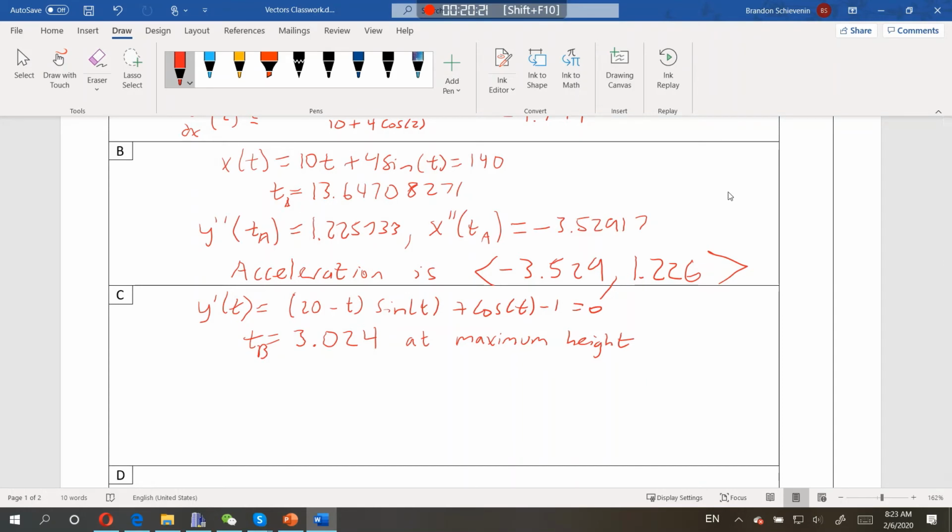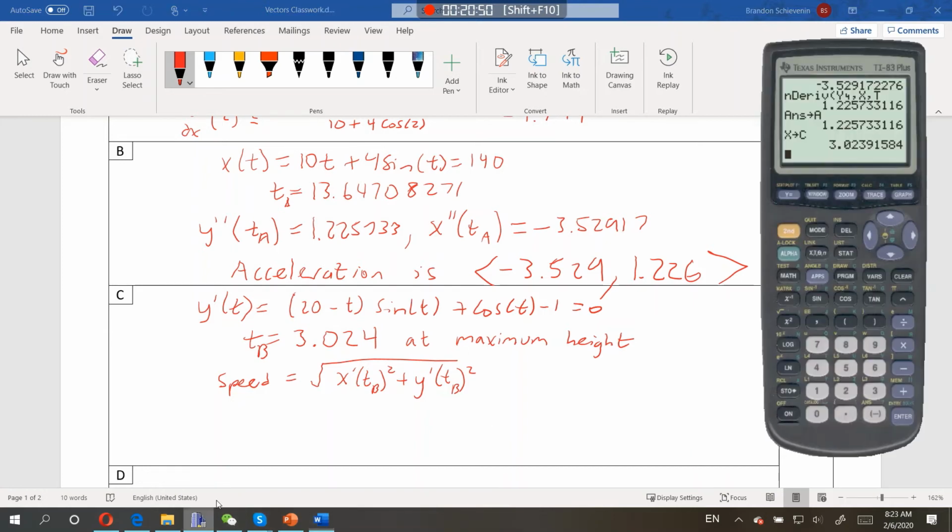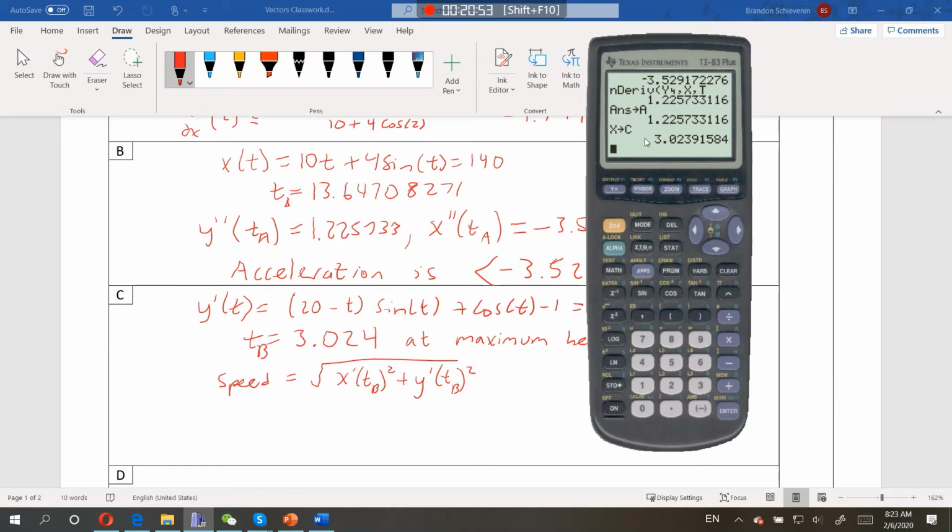So our speed would be that. Okay, so now we just need to plug in those values. Let's see, I'm going to do square root of variables, y variables function.